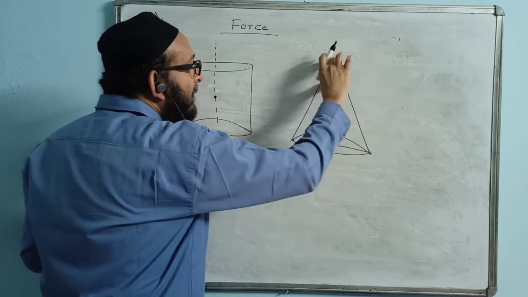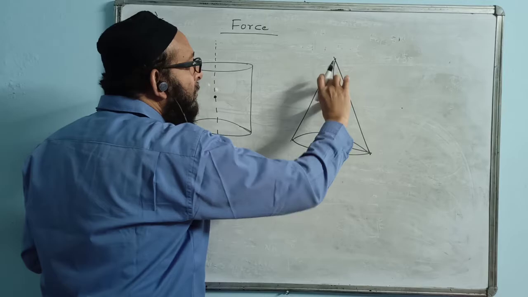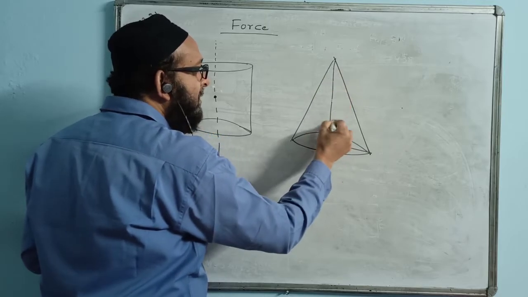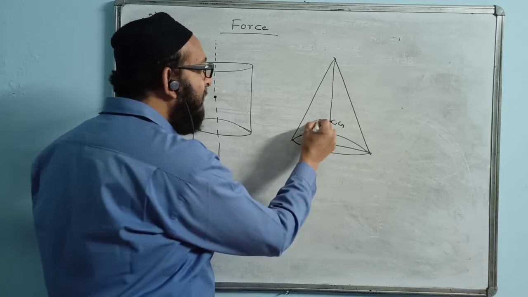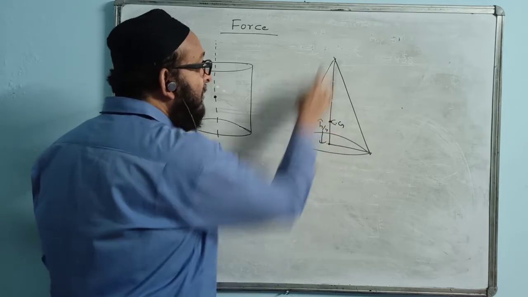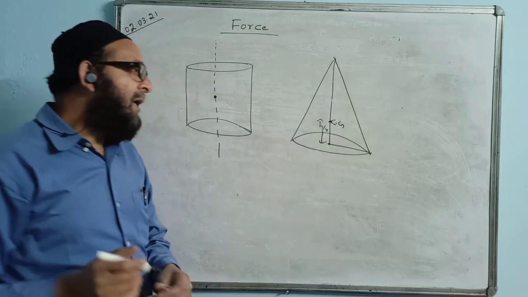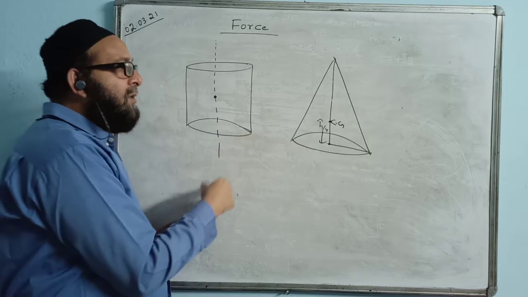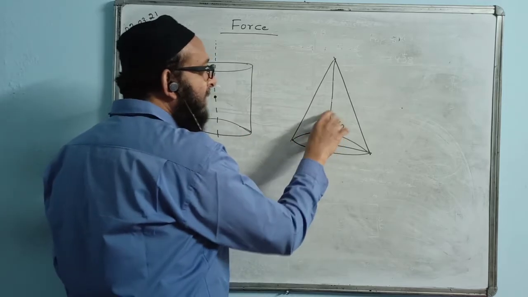If you assume the total height as 4 equal parts, somewhere here it is situated. CG will be at a height h by 4 from the base side, not from the top. And if the cone is a hollow cone, it will be slightly above, at h by 3 height.